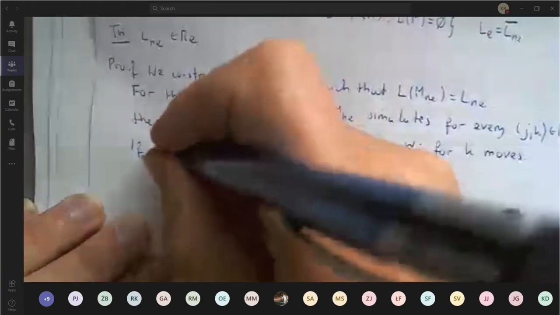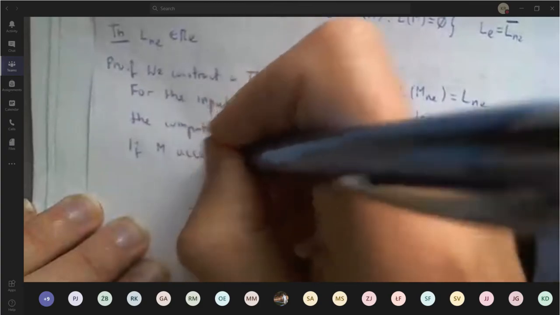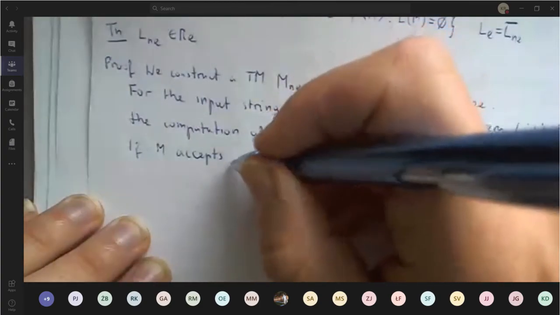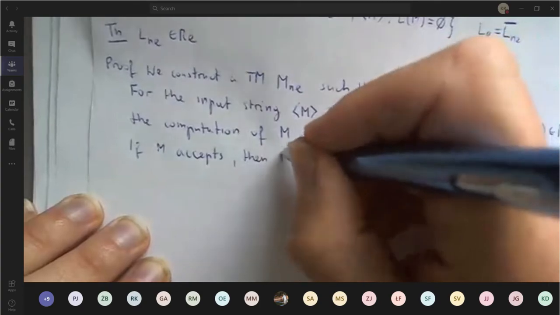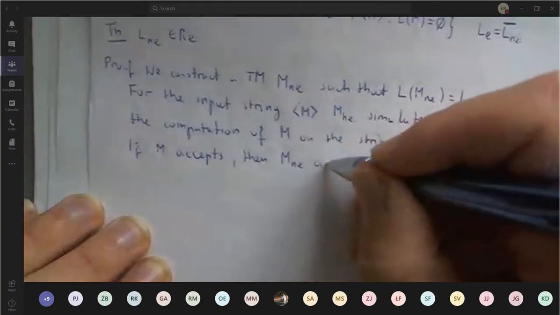If M accepts, then our machine accepts the input.